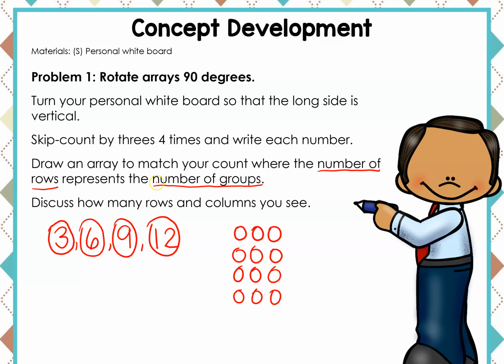Okay, and if I wanted to move my skip count over here, I can just write my skip count right next to each row. Okay, so let's talk about what we see here. So how many rows and columns do you see? That's a new word, rows and columns. So remember, rows go side to side like this. Columns are going to go up and down. Okay, so we have 1, 2, 3 rows.